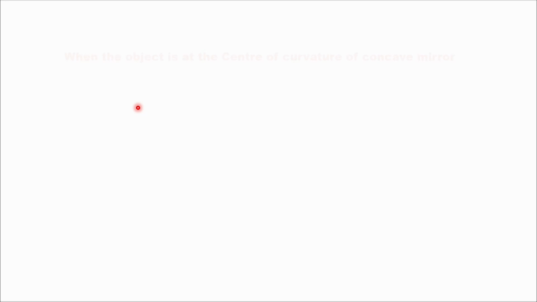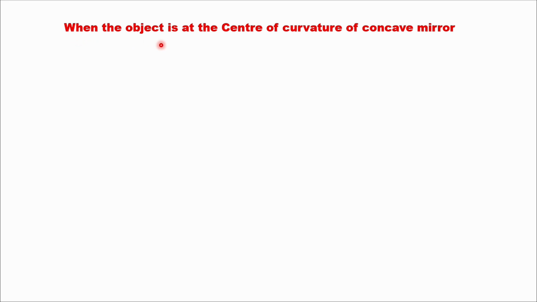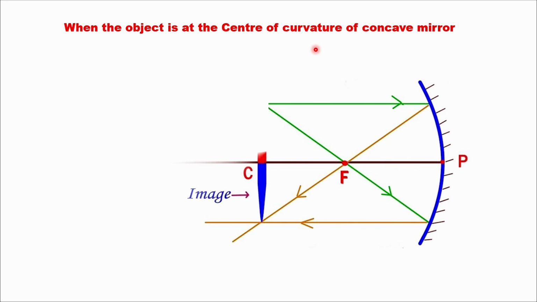Next, the third position, when the object is placed exactly at C, the center of curvature. What is the image size? Suppose you place the object exactly at C, you will get the image of the same size as the object, and it is also formed at the same position.